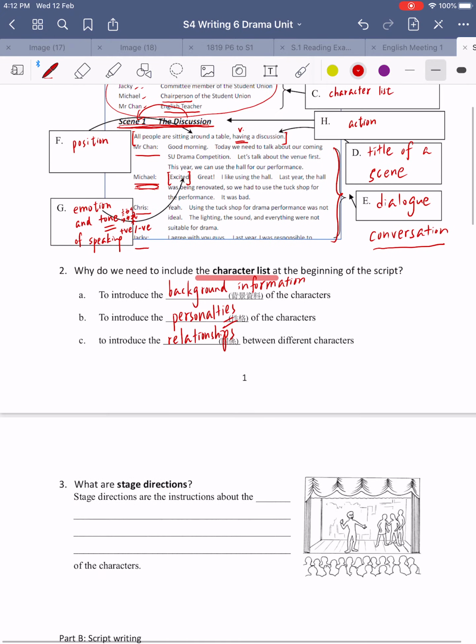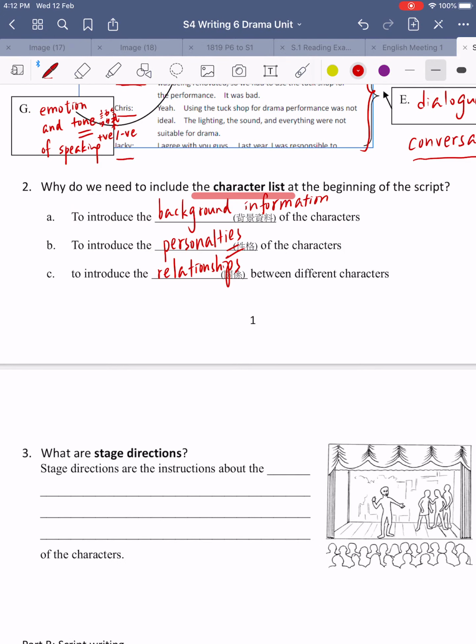Then the last question, what are stage directions? I've just mentioned the 3 types of stage directions to you. The first type is about action. Then the second part is about the emotion and tone of speaking.